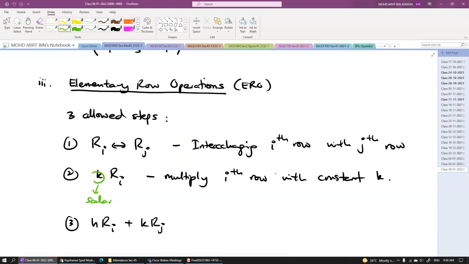Before that, I would like to remind you, constant K cannot be 0. Other than 0. Positive is possible, negative value is possible, but not 0. Remember, not 0. The same goes for H and K.